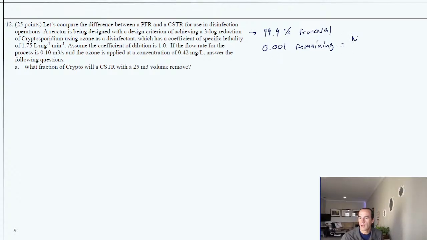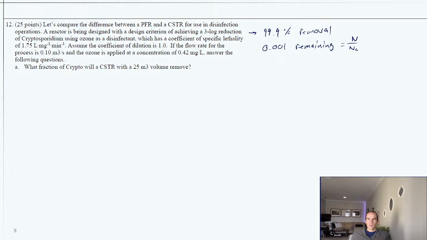And we describe the fraction remaining as N over N naught, or C over C naught. Okay, so continuing. So we need to remove that much cryptosporidium using ozone as a disinfectant, which has a coefficient of specific lethality of 1.75 liters per milligram per minute.